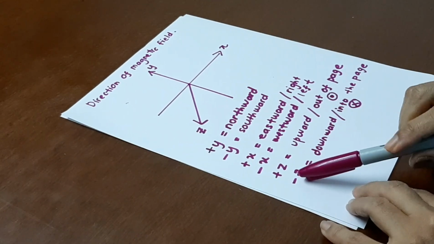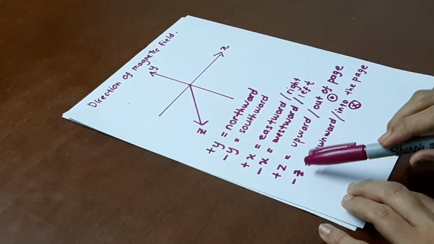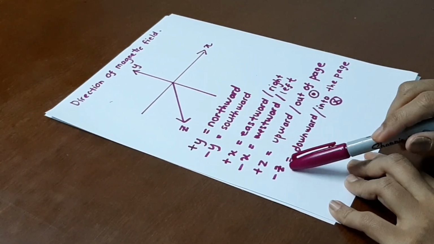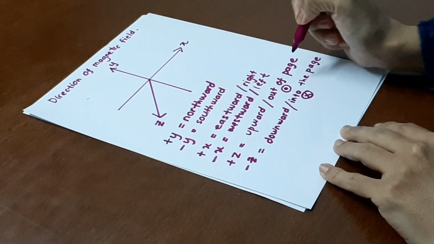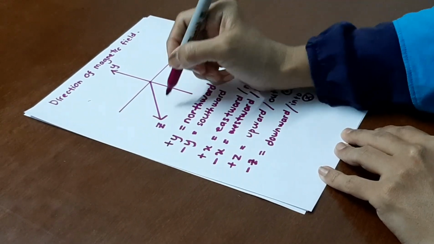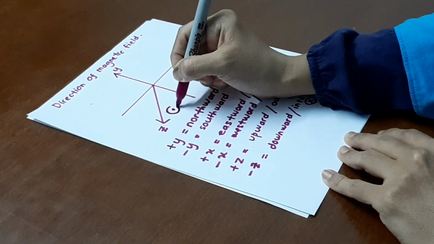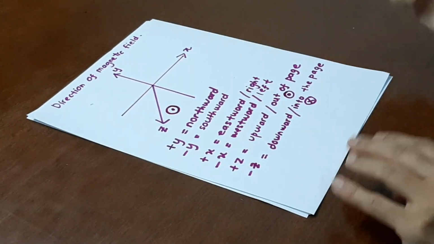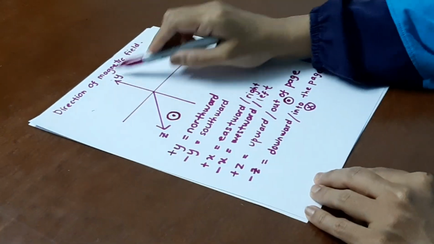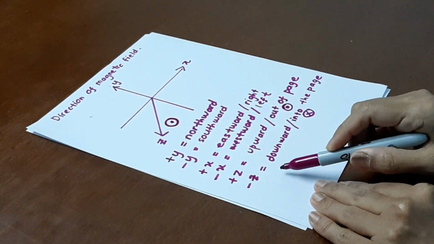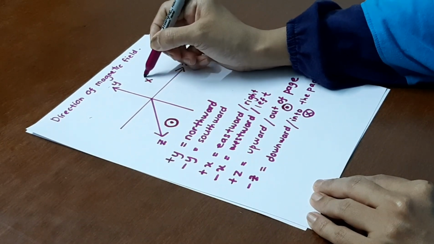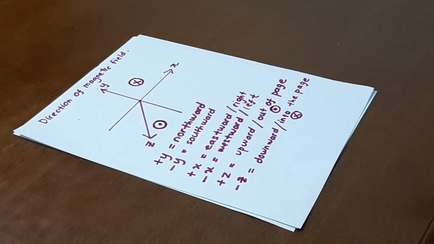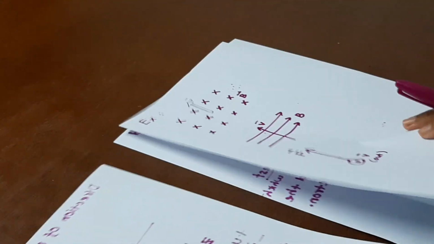The direction of magnetic field along positive z can be represented by the symbol I have drawn here. If the direction of magnetic field is along negative z, it can be expressed by this symbol, the cross.